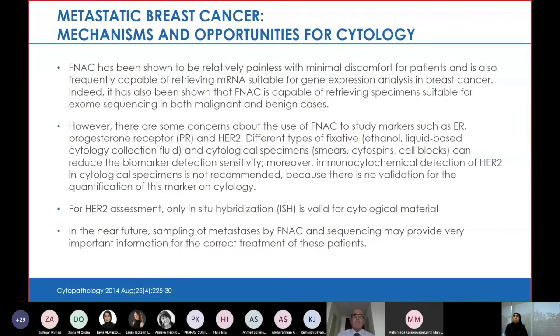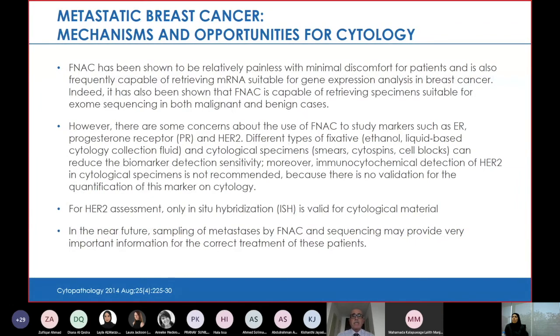FNA is relatively painless from that point of view. While some of the biomarkers constantly used in breast cancer are standardized only on histology, we have to remember that good FNA material can produce excellent cell blocks on which we can reproduce the same methodology.